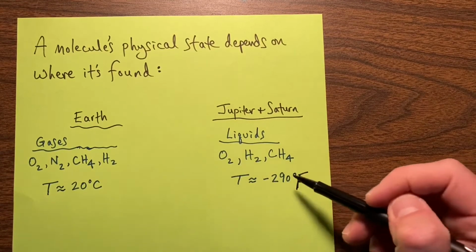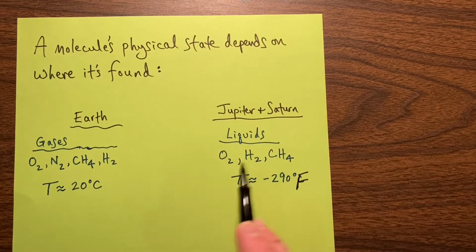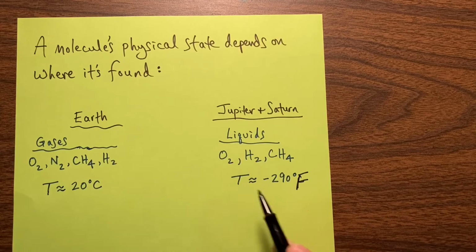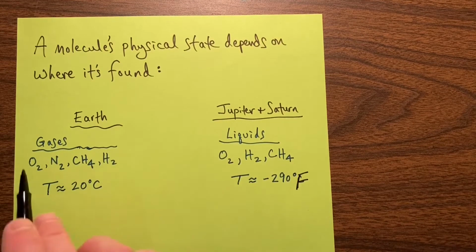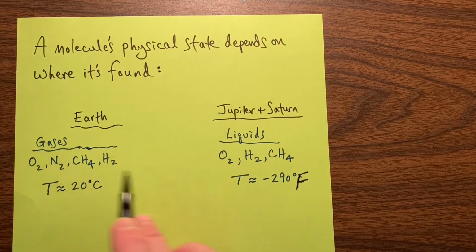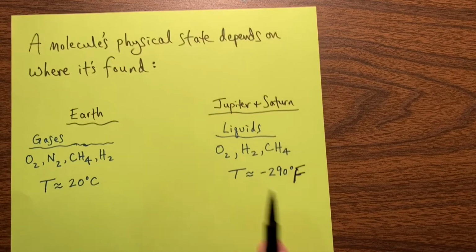When you get to such a low temperature, these molecules slow down so much, because temperature really is a reflection of how fast something is moving. When you get to such a cold temperature, things that are gases on Earth will become liquid. So keep that in mind when you are talking about the physical state of something. It does depend on where it is.